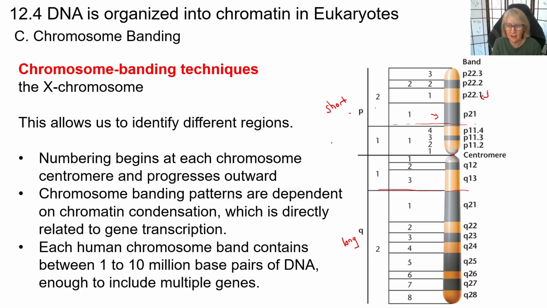So this is going to be the X chromosome, XP 1, 1, 4 refers to this band right here of higher transcription region. This band right here is XP 2, 1.